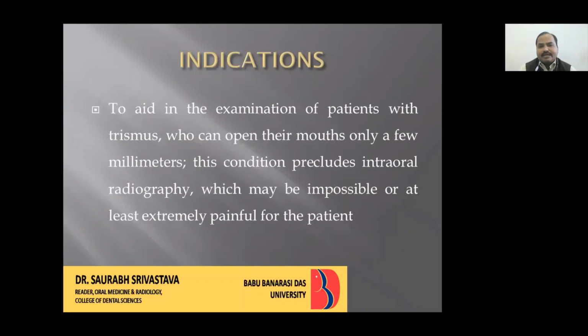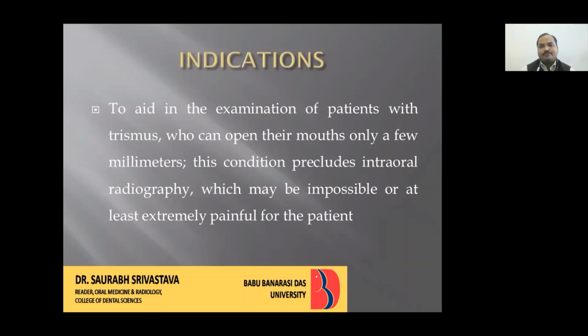Then it can also aid in examination of the patient with trismus, where intraoral radiography is indicated but the patient cannot open the mouth. We cannot put the IOPA film inside the mouth, because it has to be placed adjacent to the teeth along the long axis of the teeth, so it has to be taken inside the mouth and then rotated.